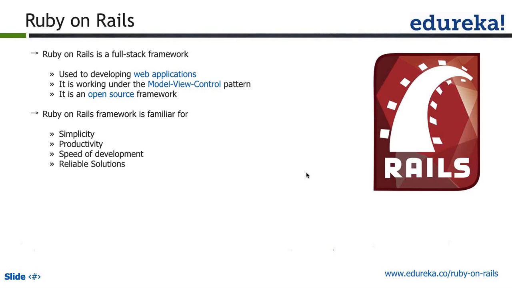All right. So speed of development is certainly one of the key areas with Rails, and the development that we will be doing using Rails is very reliable, right? Rails includes a lot of state-of-the-art features related to security, for example, related to caching, right?